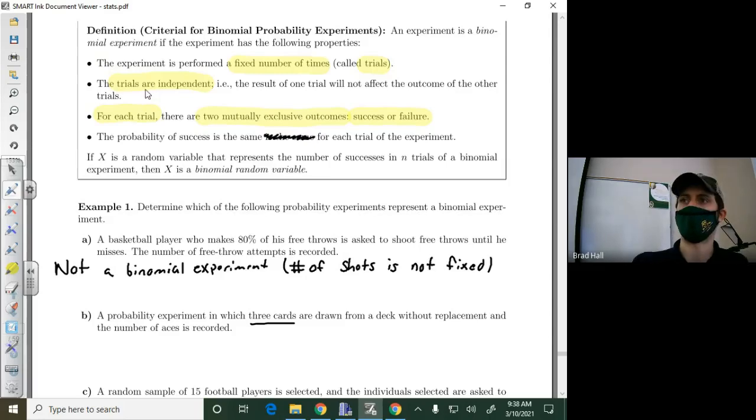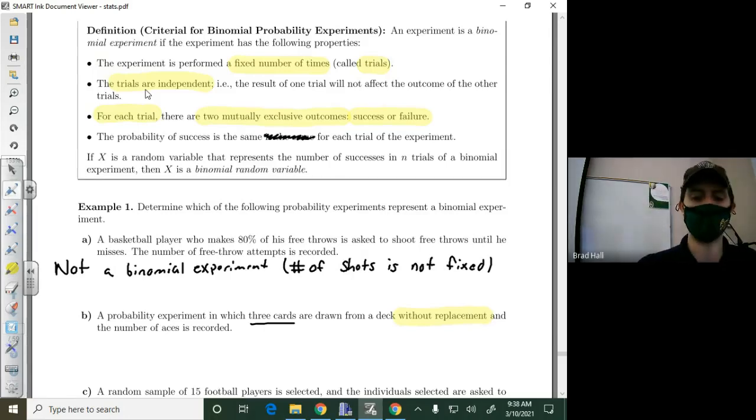Are the trials independent? Will the result of one trial affect the next one? Does anyone have an intuition on this one? So there's one key phrase here: without replacement.